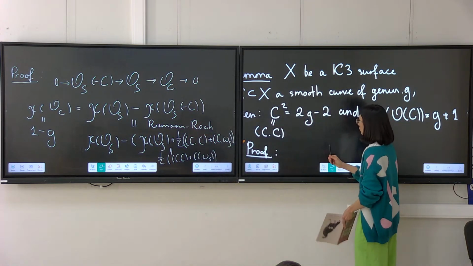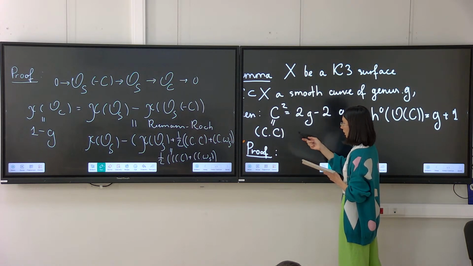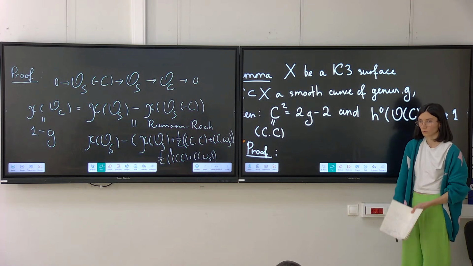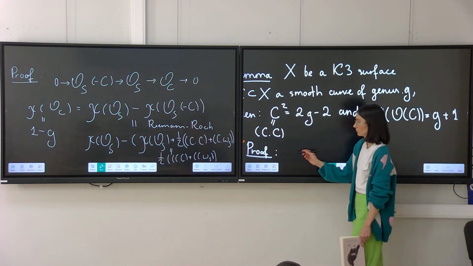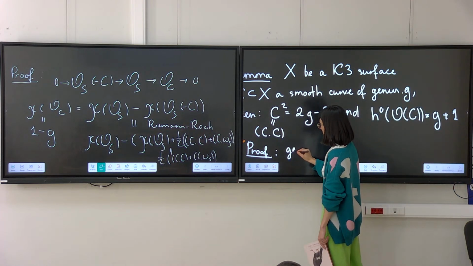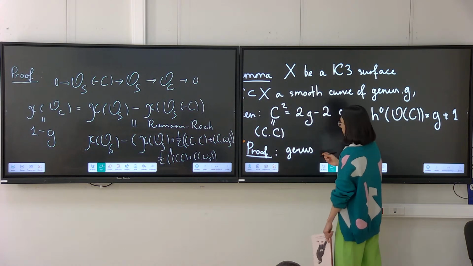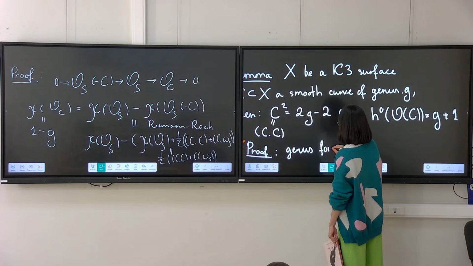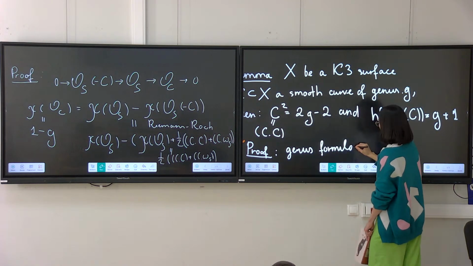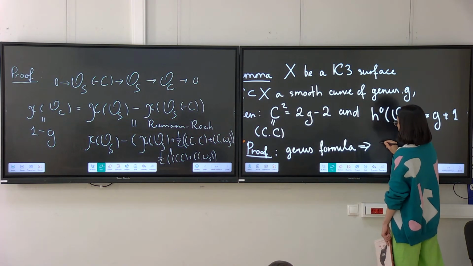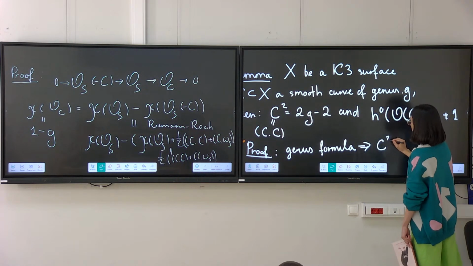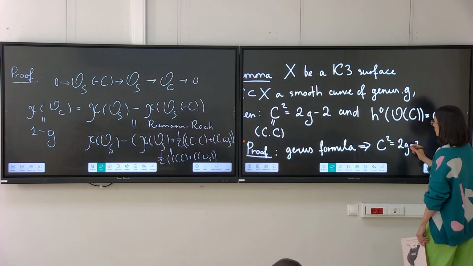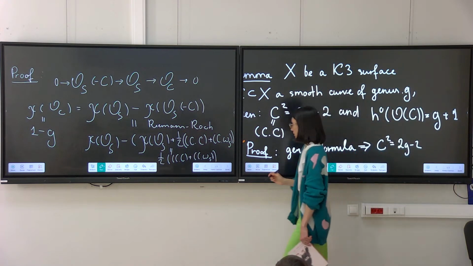How can we obtain this? First of all, how do we obtain this thing? Immediately from the adjunction formula. Okay, the genus formula implies this. And now, how can we prove the second statement?